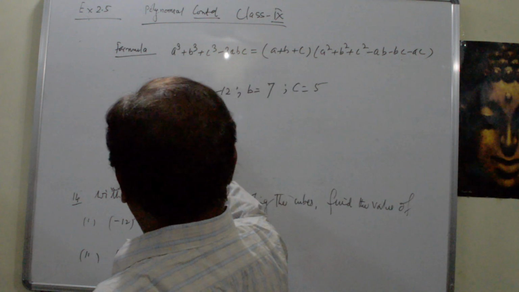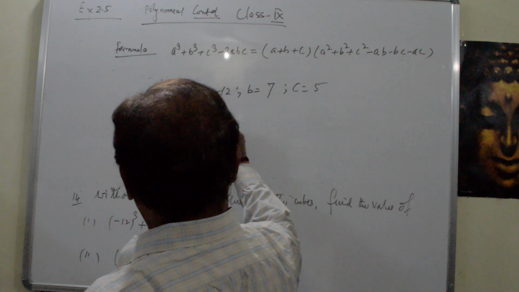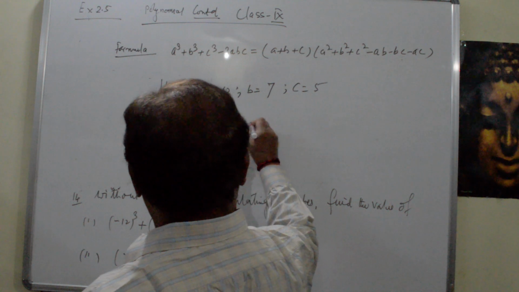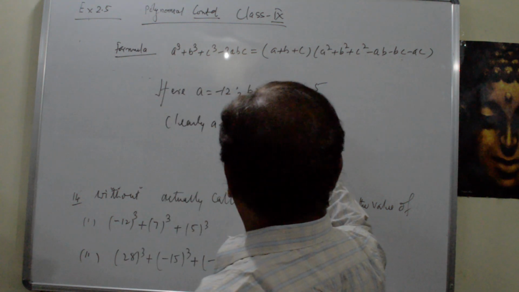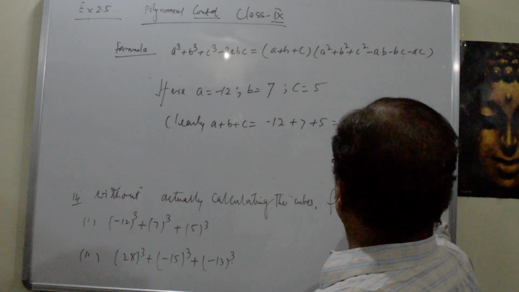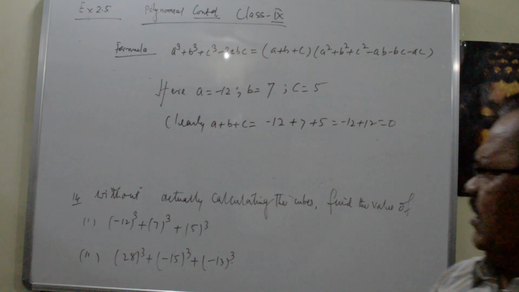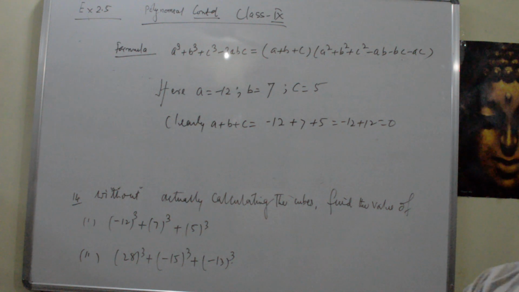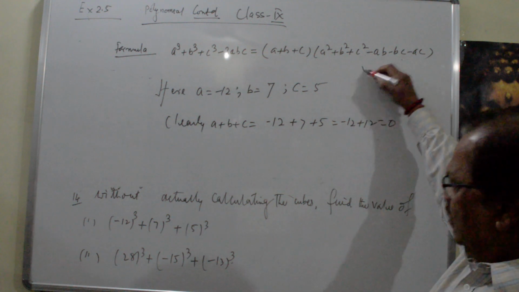Clearly a plus b plus c is equal to minus 12 plus 7 plus 5, and minus 12 plus 12 is 0. So we are getting a plus b plus c is equal to 0. Let us apply this here.